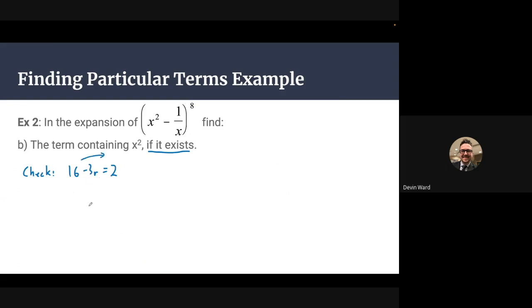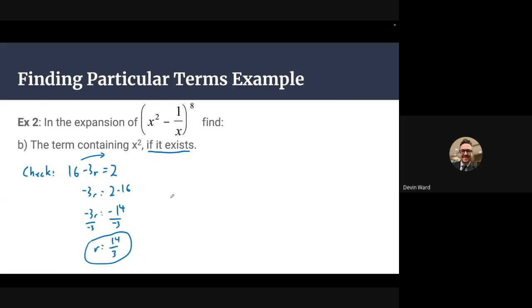So let's bring 16 over. I have negative 3r is equal to 2 minus 16. Negative 3r is equal to negative 14. Divide both sides by negative 3. r is equal to 14 divided by 3, which is a fraction, right?